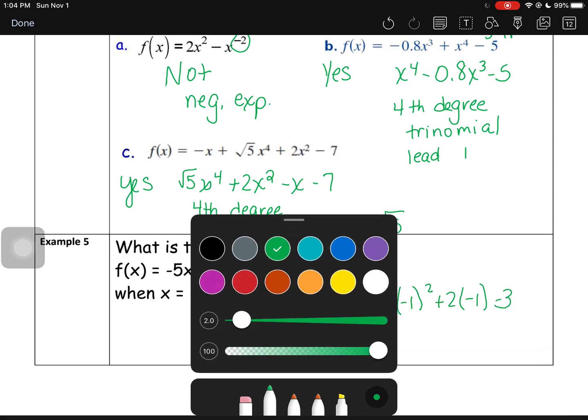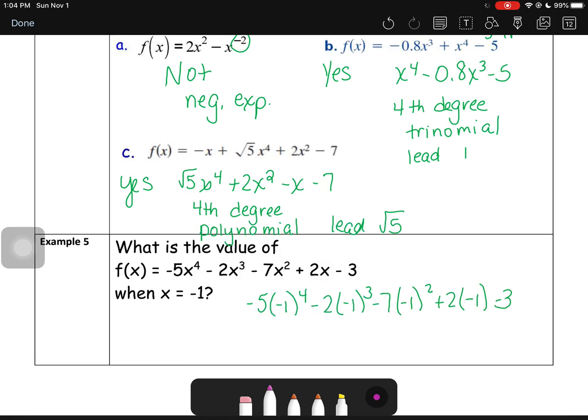Okay, so when we're working on this one, any number to an even power is positive, so that would be a positive 1, and positive 1 times negative 5 is negative 5.